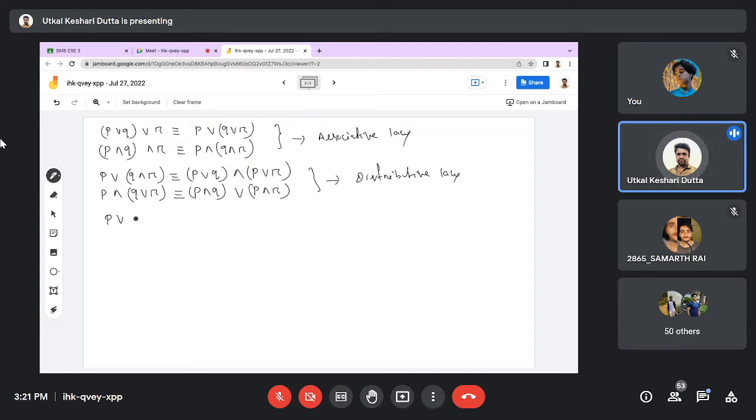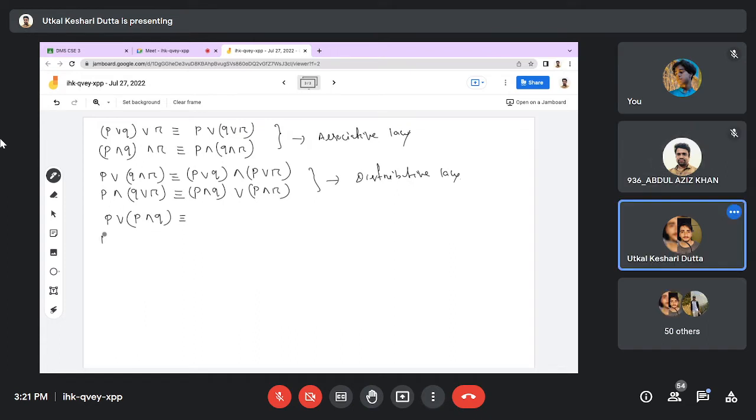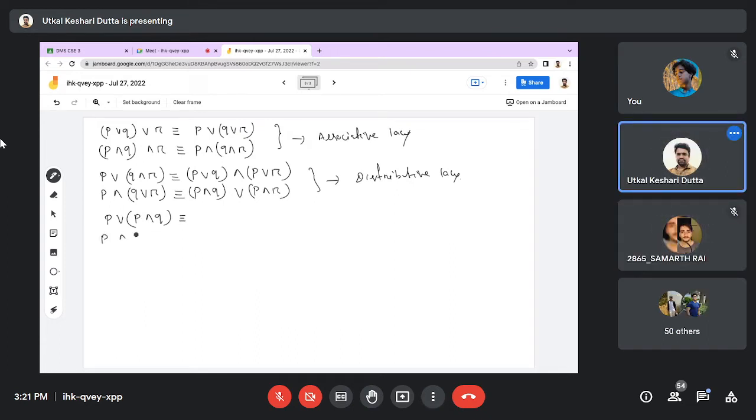Then P disjunction (P conjunction Q), what will it be equivalent to? And P conjunction (P disjunction Q), what will it be? That is very simple. Just apply the distributive law.